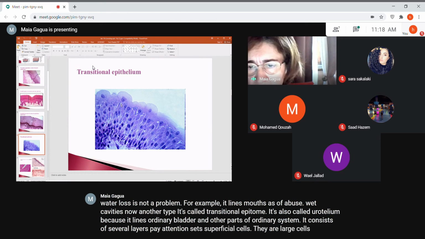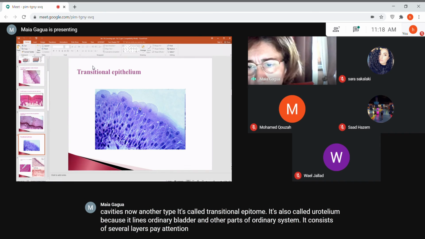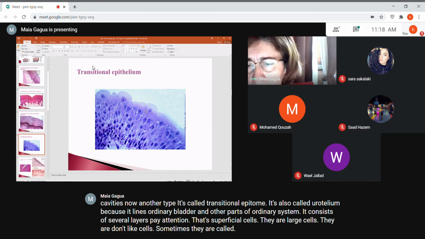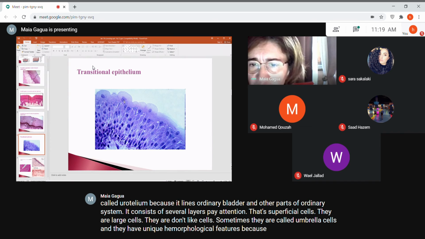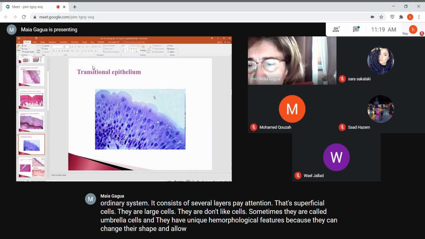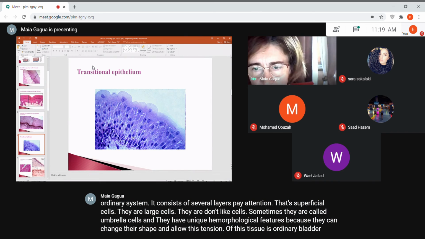They are dome-like cells. Sometimes they are called umbrella cells. And they have unique morphological features because they can change their shape and allow distension of this tissue as the urinary bladder fills with urine.